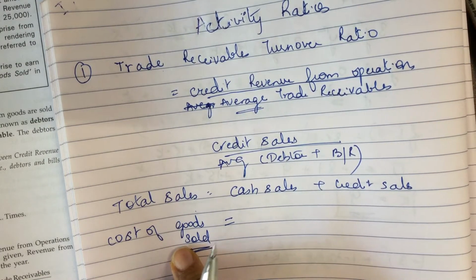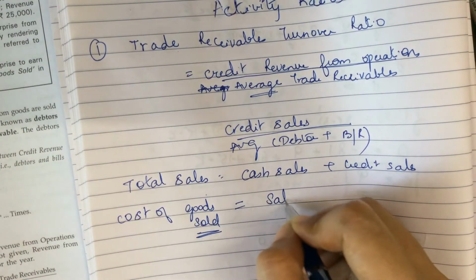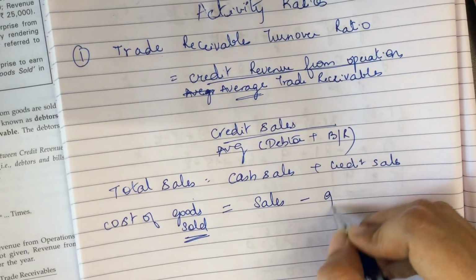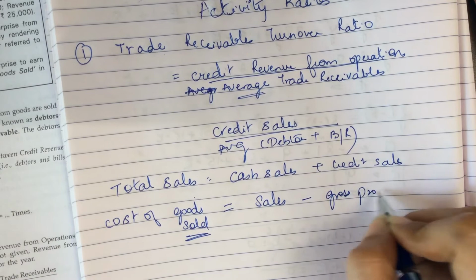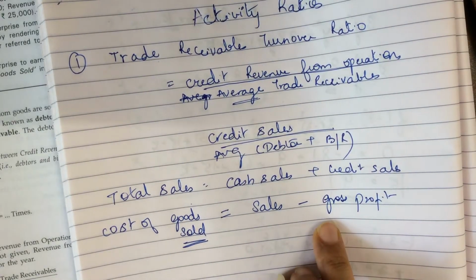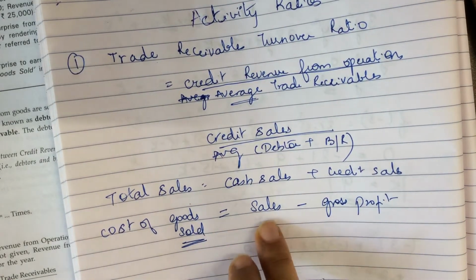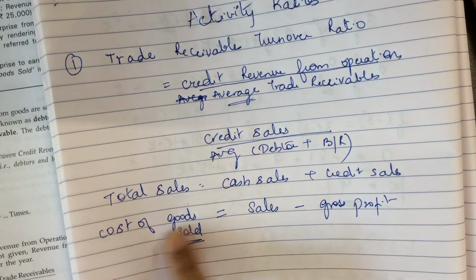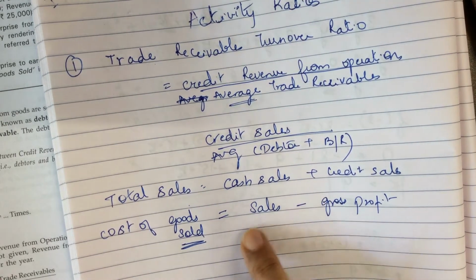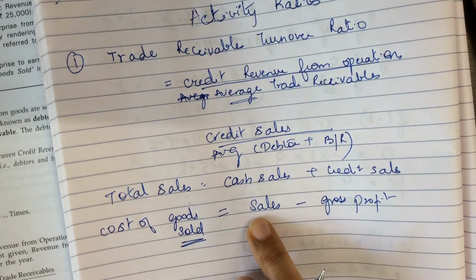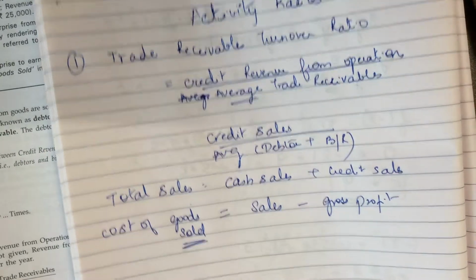But here you can also use the other formula which will be relevant: sales minus gross profit is the formula for cost of goods sold. So they might give you cost of goods sold and gross profit, so you can get your sales, which will give you total sales.